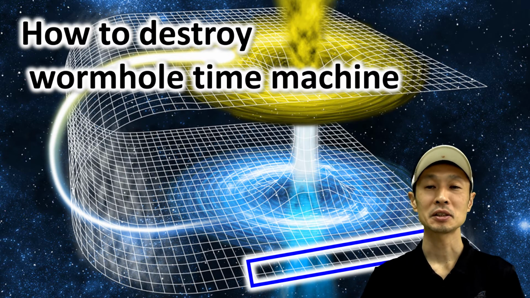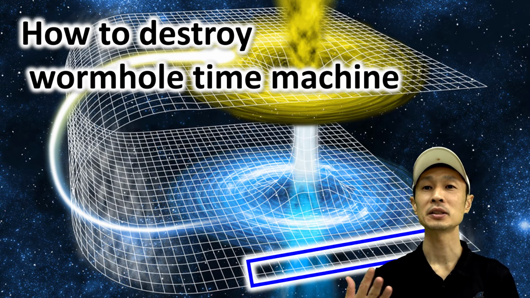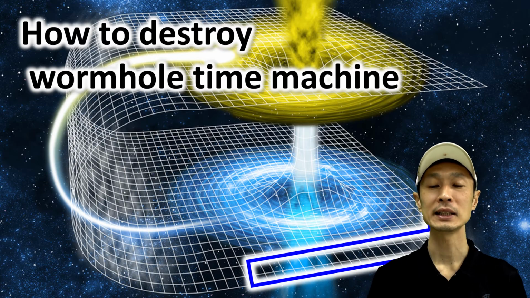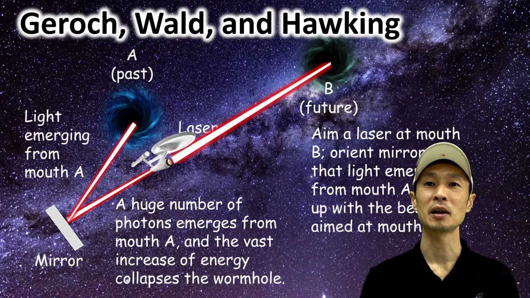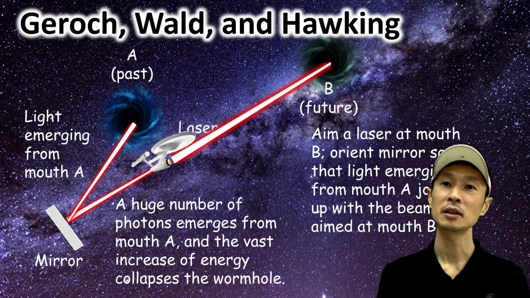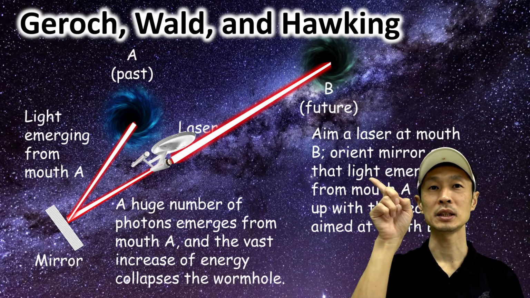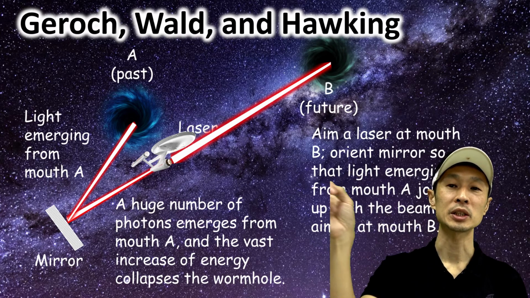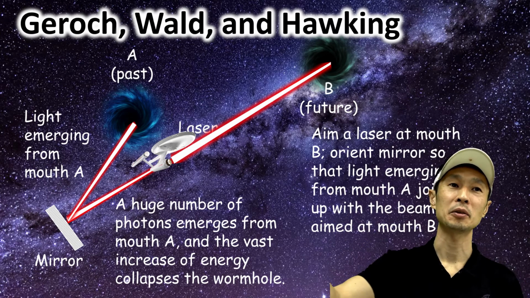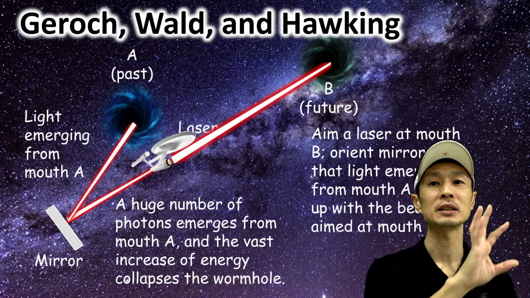This opens interesting possibilities, but at the same time, taking advantage of this nature of the wormhole, you can destroy it very easily. This is Professor Stephen Hawking's famous idea. Say you shoot a laser from the Starship Enterprise into the entrance of the wormhole, which is B. Then the laser light that went into B is going to show up from the A side of the wormhole, which is in the past.